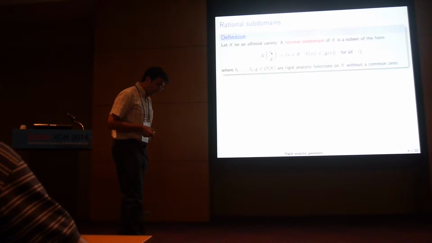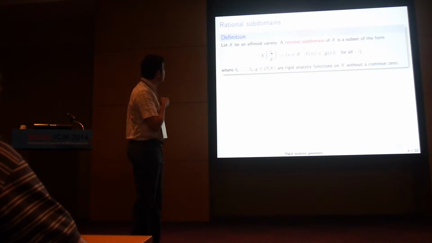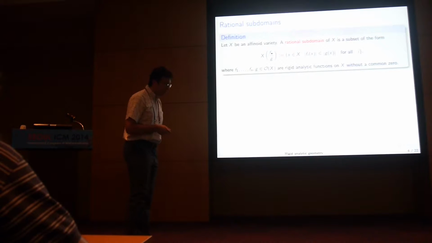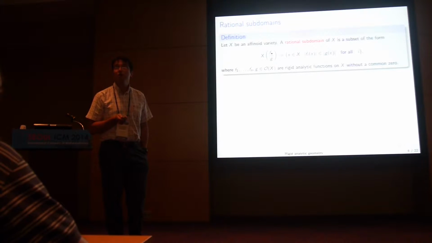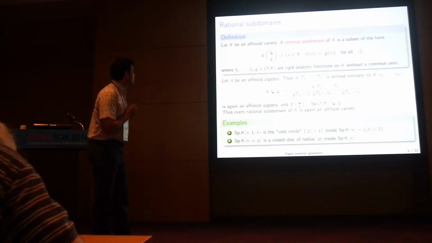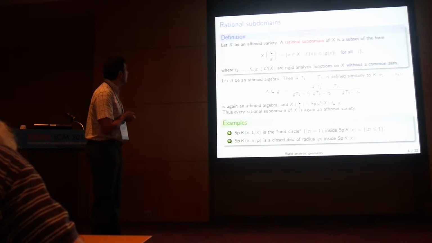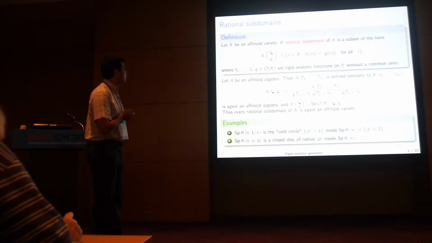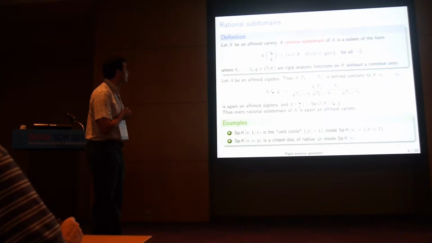Morally speaking, these affinoid rational subdomains form a basis for the topology on a rigid space. It turns out that every rational subdomain of an affinoid variety is again affinoid. You can represent it in this way.